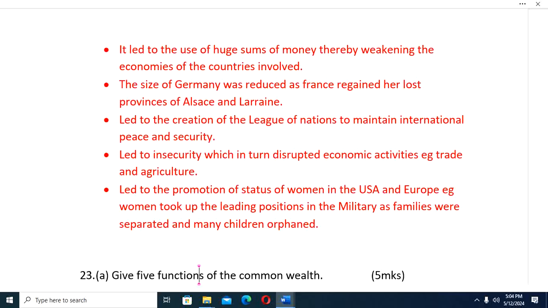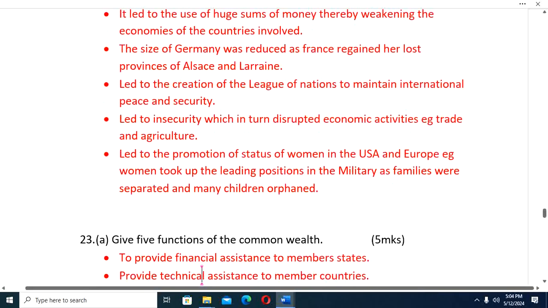Next, the size of Germany was reduced as France regained her lost provinces of Alsace and Lorraine. Next, led to the creation of the League of Nations to maintain international peace and security.